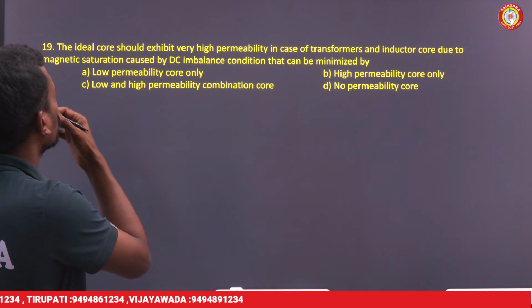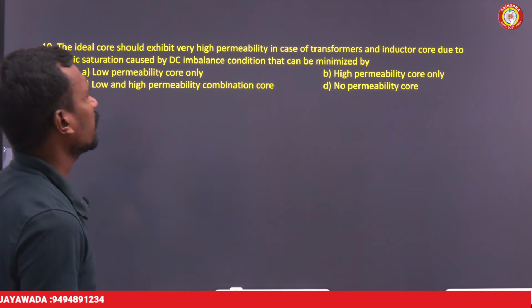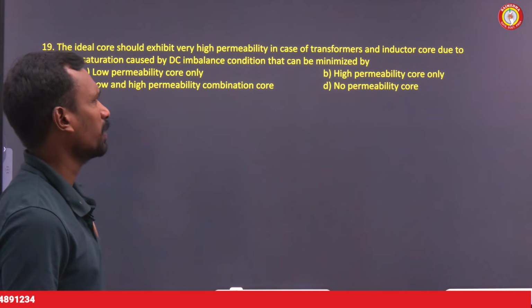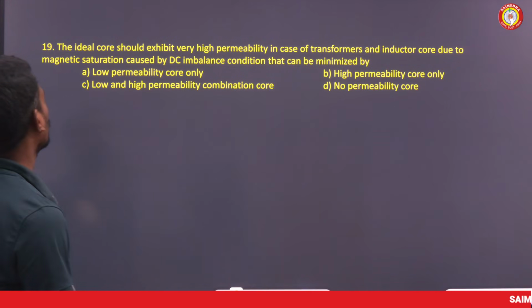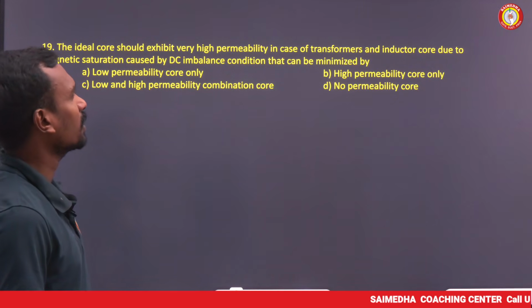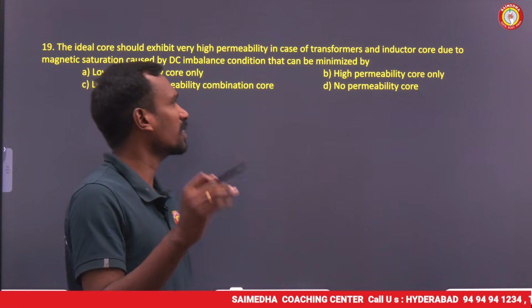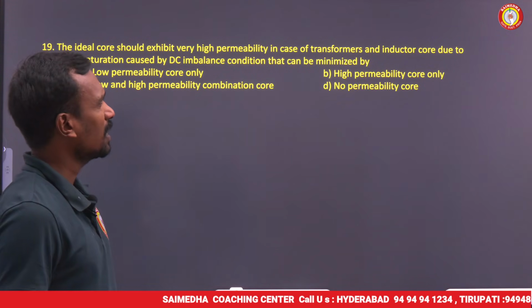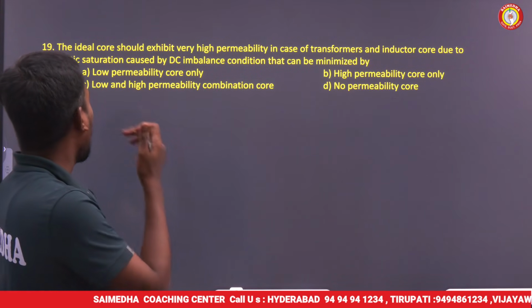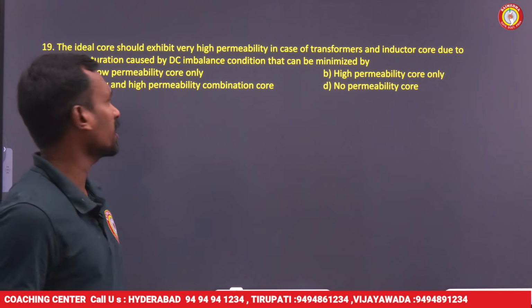The ideal core should exhibit very high permeability in case of a transformer and inductor core. Due to magnetic saturation caused by DC imbalance condition, that can be minimized by... Actually here, an ideal core should exhibit very high permeability generally.